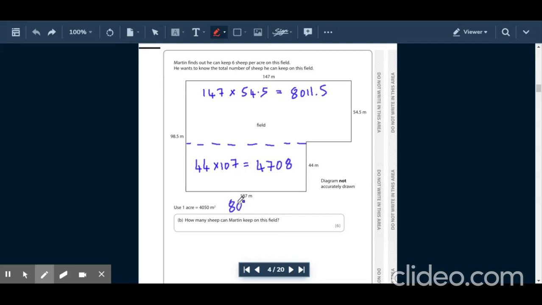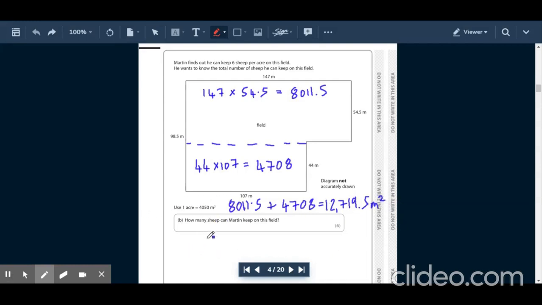So 8,011.5 plus 4,708 is just going to give me 12,719.5. And that is meters squared. So this is in meters squared.